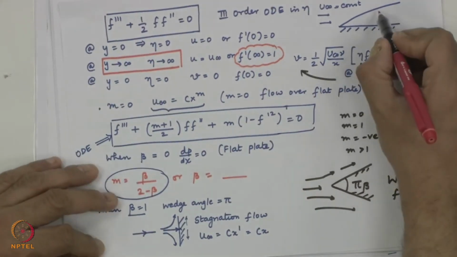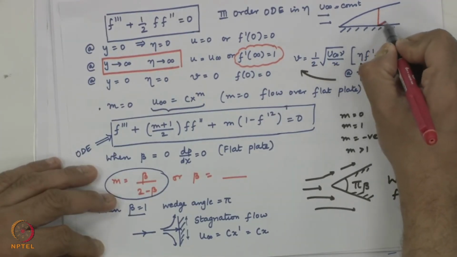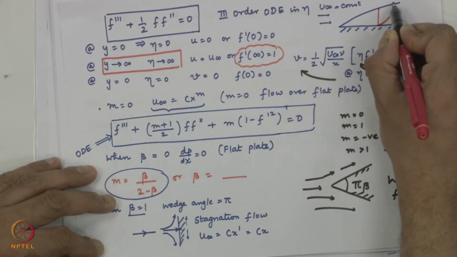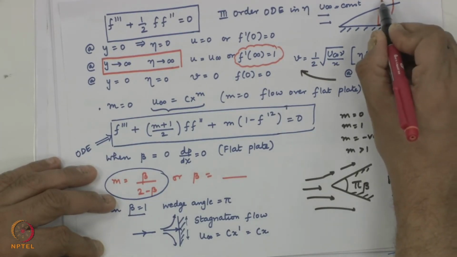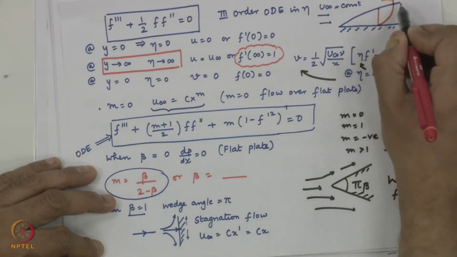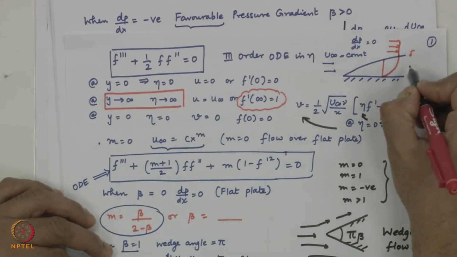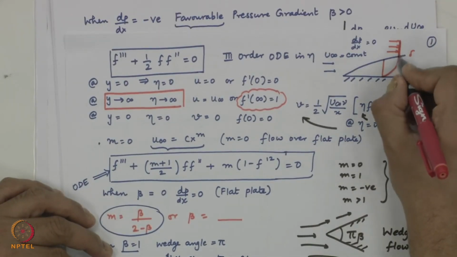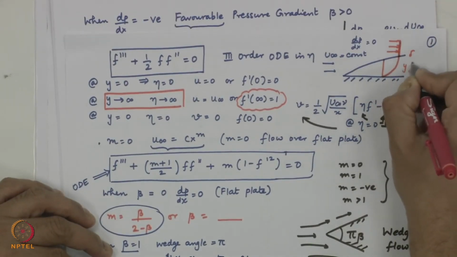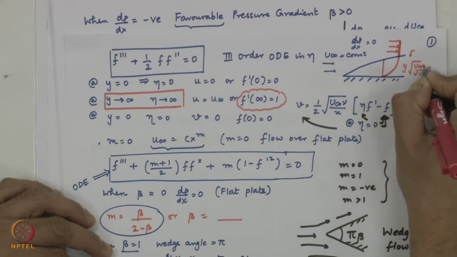What does that mean? It simply means that u has become equal to u infinity and I continue to remain at u infinity even after that, right. This is delta. So, beyond the boundary layer, eta is y times square root of u infinity by nu x, right.